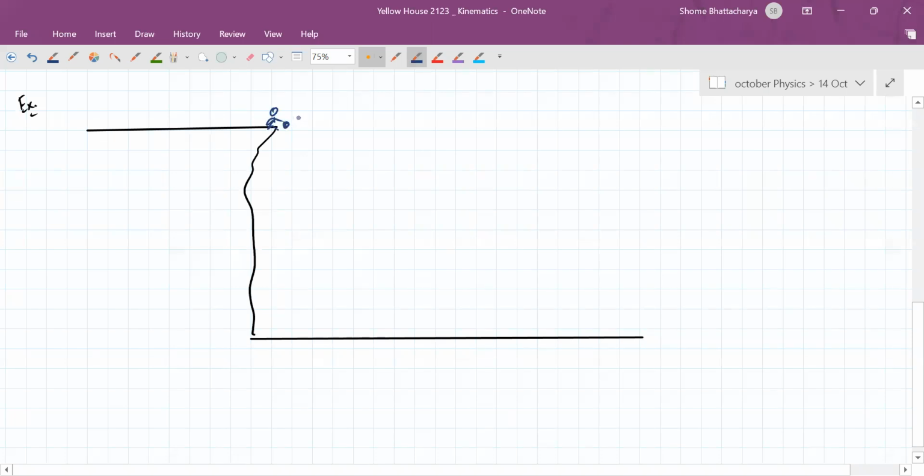So this guy drops a particle A at time t equal to 0.